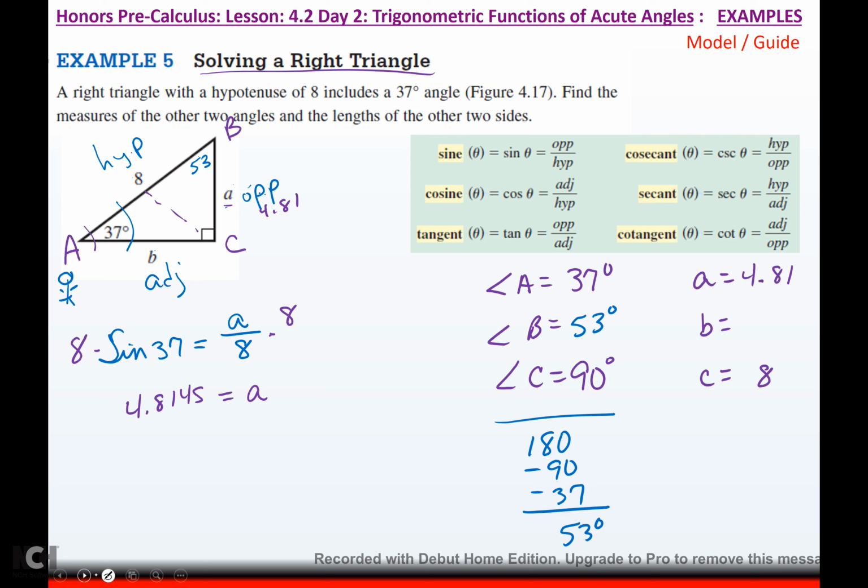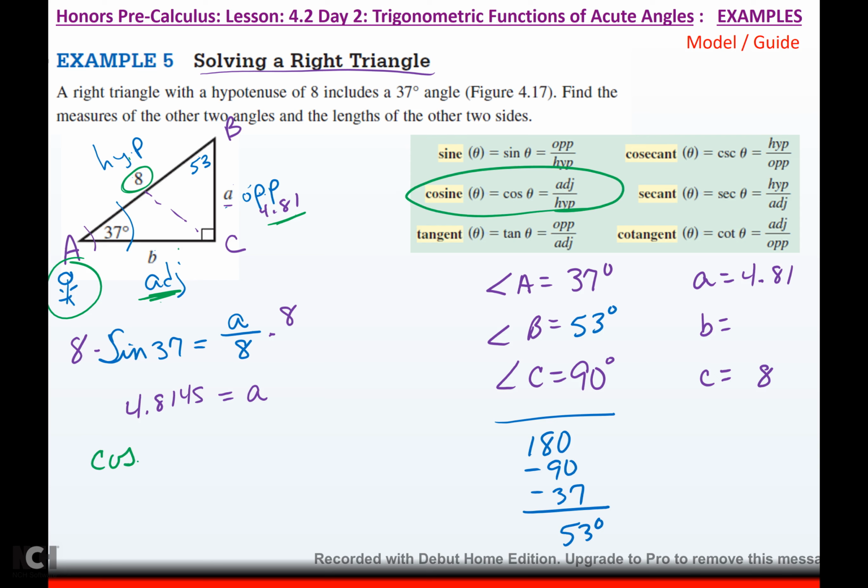So now I got to find little b. Well, little b is adjacent to me, and again, I could do adjacent and opposite and do tangent. But anytime I can, I don't like to use numbers that I calculated, in case I made a mistake. So I want to do adjacent and hypotenuse. Adjacent and hypotenuse is cosine.